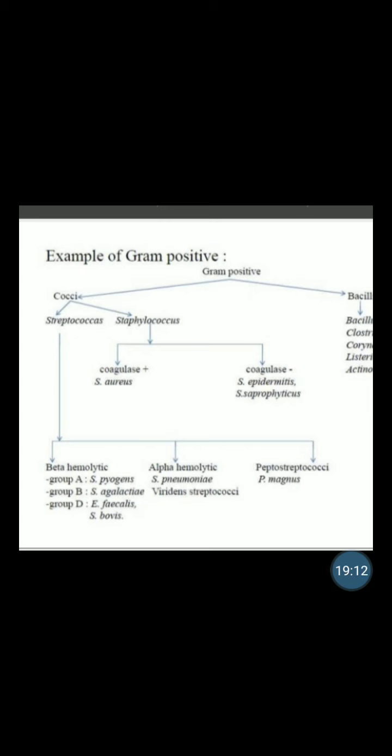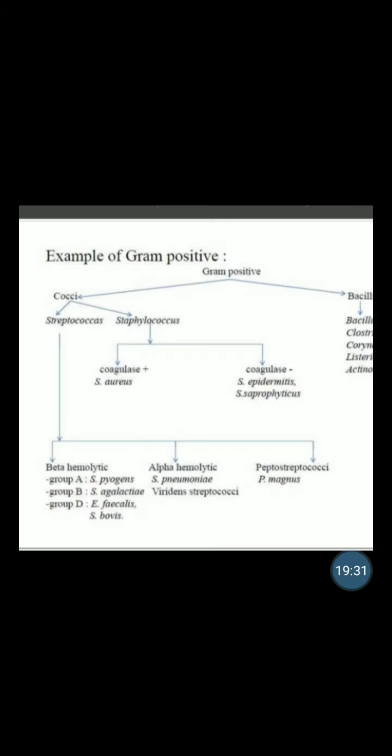peptostreptococci. In beta hemolytic, in group A it is streptococcus pyogenes. In group B it is streptococcus agalactiae, then faecalis and bovis. Then in alpha hemolytic it is pneumoniae and viridans streptococci.